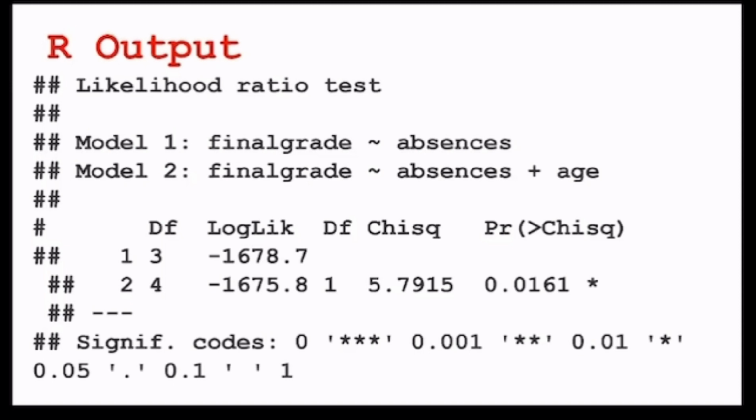Now, we're going to look at the p-value associated with this test. The p-value associated with this test, you can see, is 0.0161. You're going to compare 0.0161 with a level of significance of 0.05.